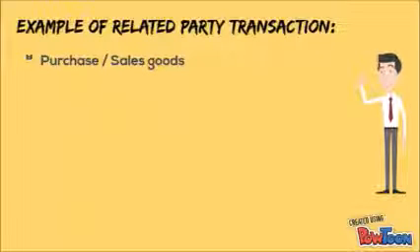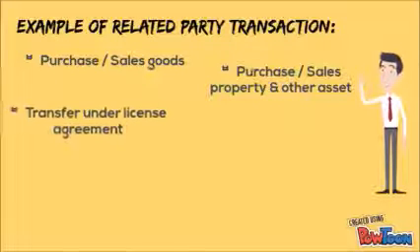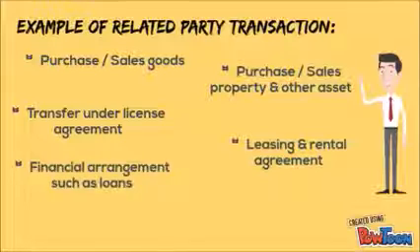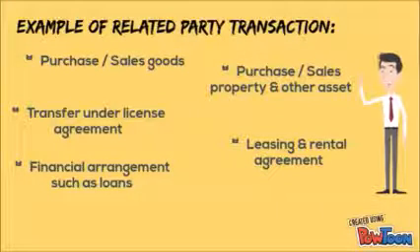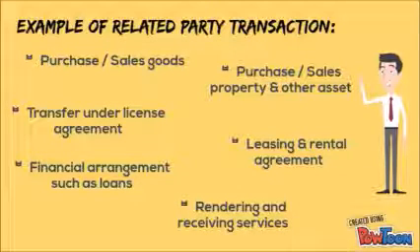Purchase or sales of goods. 2. Purchase or sales of property and other capital assets. 3. Transfer under license agreement. 4. Leasing and rental agreements. 5. Financial arrangements such as loans and equity contribution in cash or in kind. 6. Rendering and receiving services such as management services.